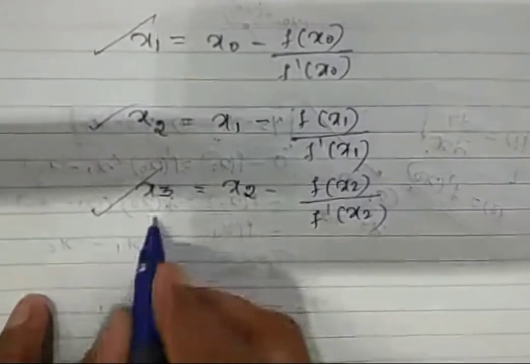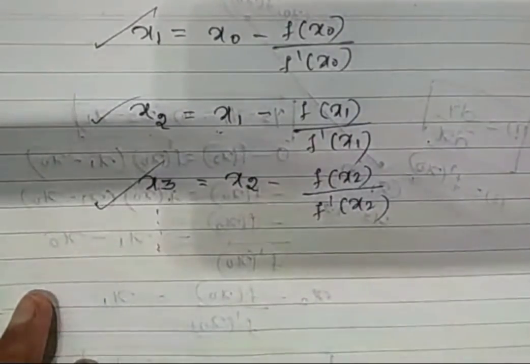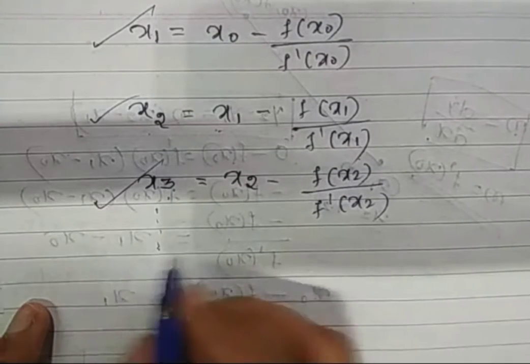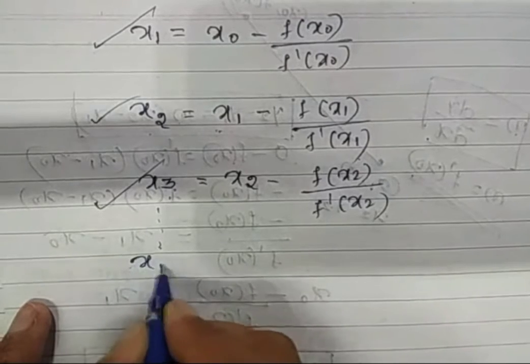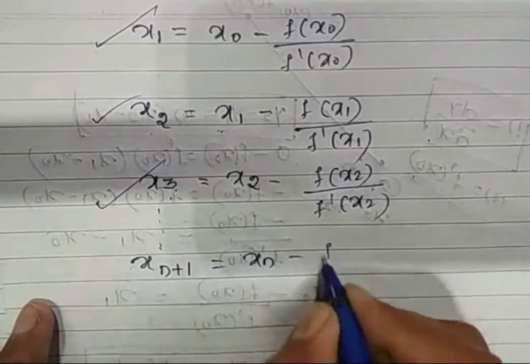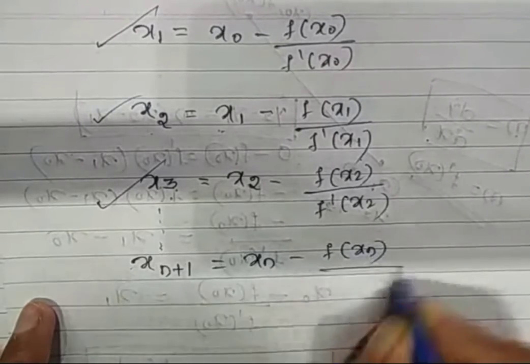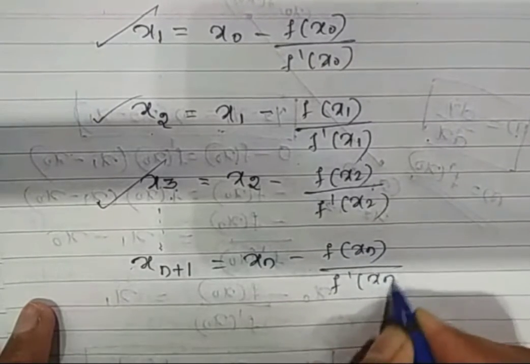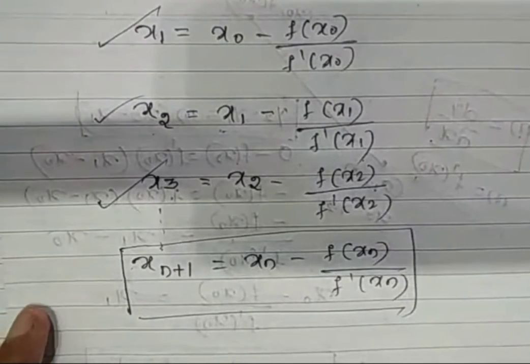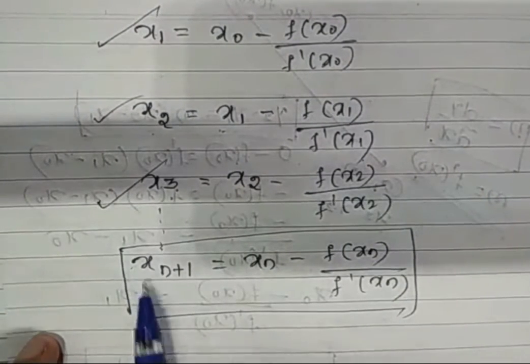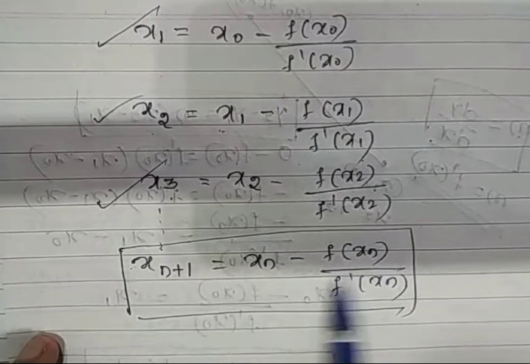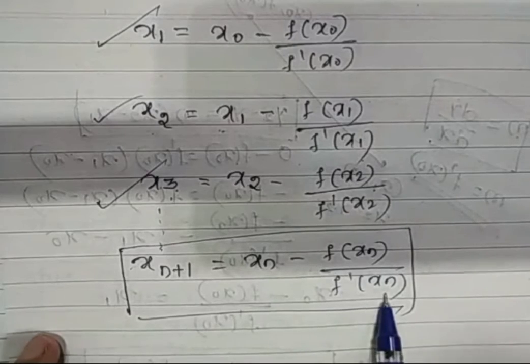This process continues. And then what about its general or standard nth form, that is x of n plus 1 is equal to xn minus f of xn divided by f dash of xn. So and so on. When we continue, we can observe the general form, that is x of n plus 1 is equal to xn minus f of xn divided by f dash of xn.